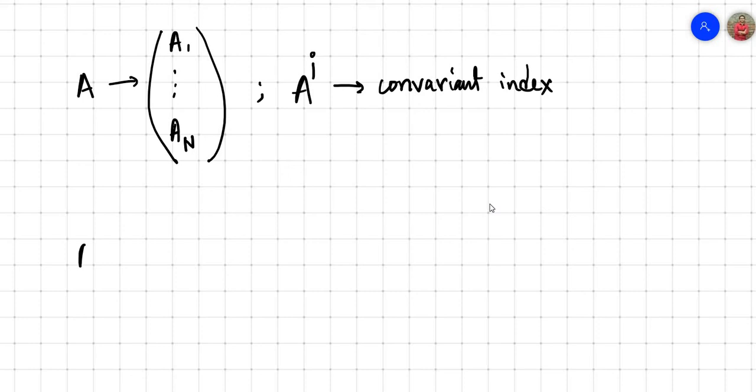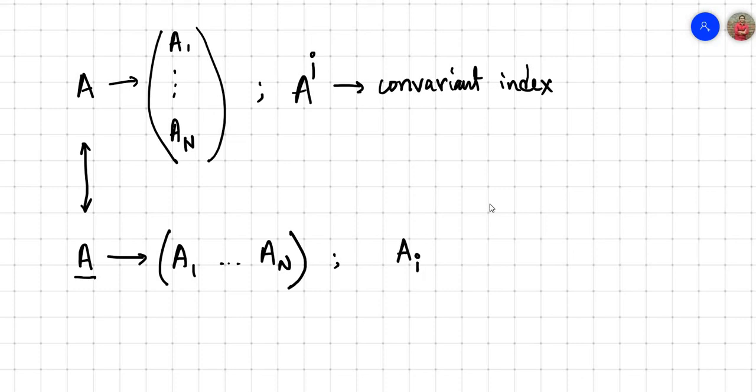If we take a dual vector, in order to represent this dual notation, we write a bar not above but beneath this symbol. So there is a one-to-one correspondence, and this dual vector in this representation is written as a row vector. And we denote a component of this dual vector as a_i, with i as a subscript, and this subscript i is called a covariant index.